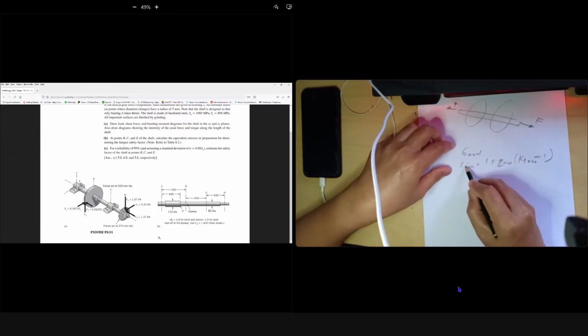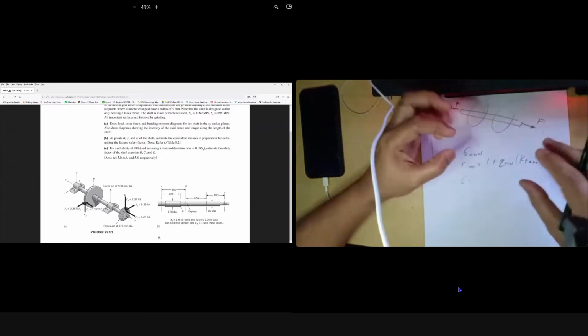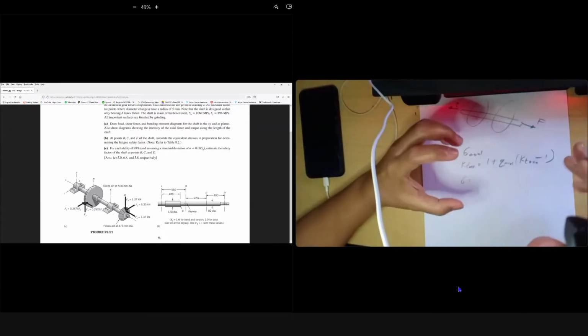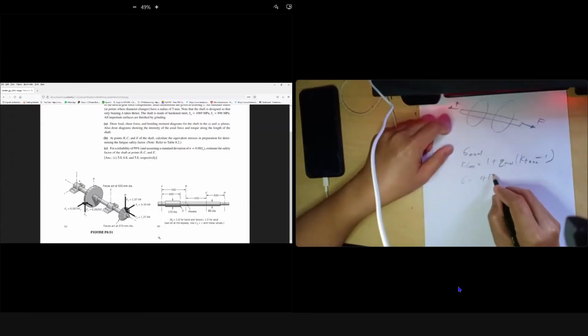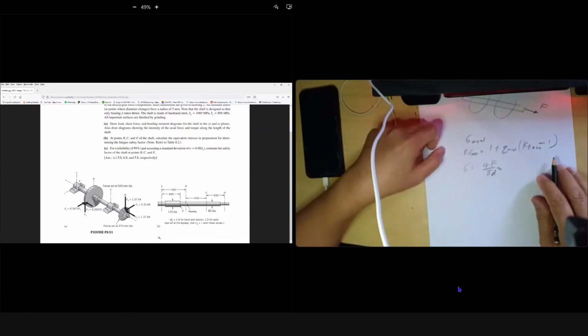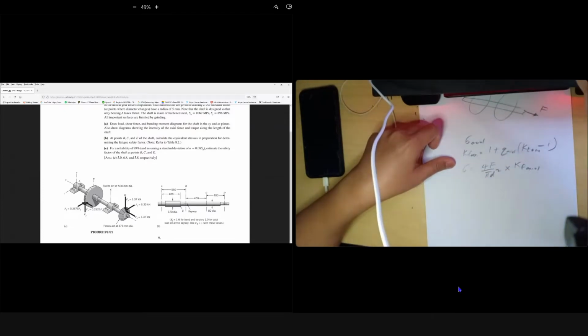For axial force, always take the smaller diameter, small d, not big D: 4F over pi d squared. This is only for a solid shaft. You have to multiply by your KF axial. Sometimes KF axial is given and you don't have to calculate it, like in your previous assignment.